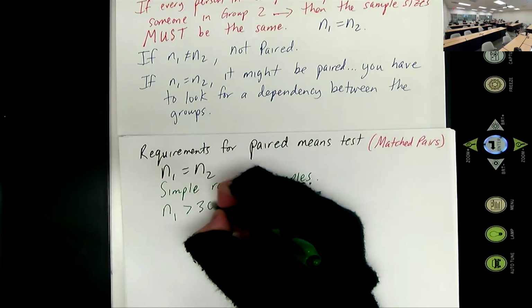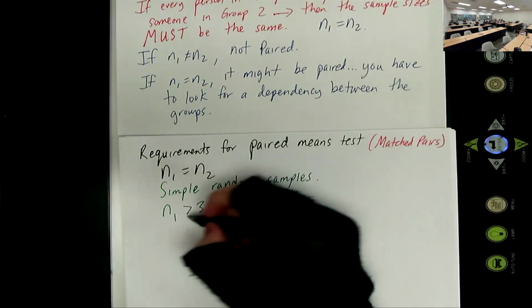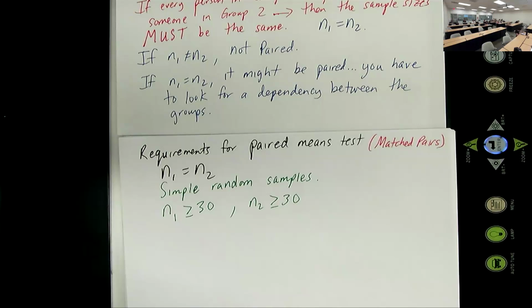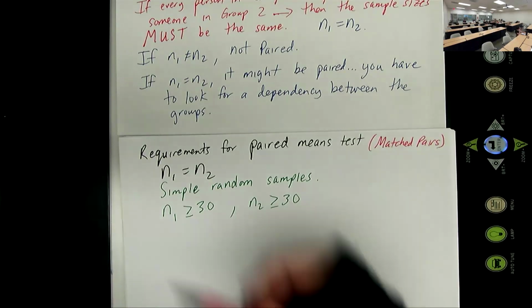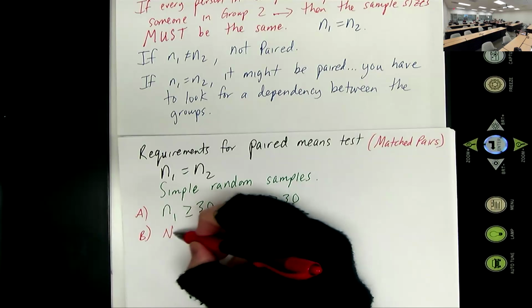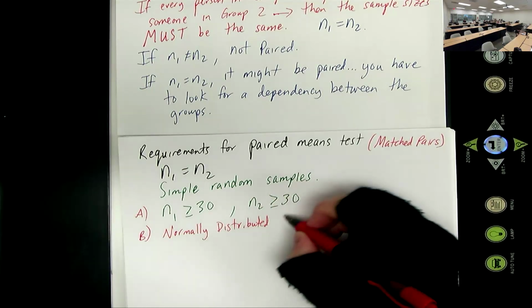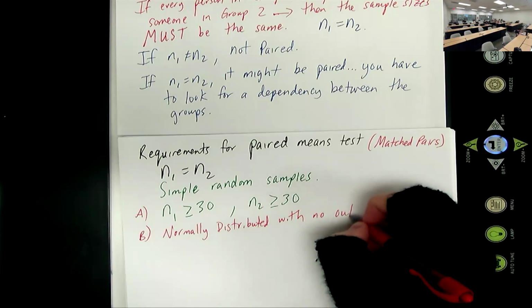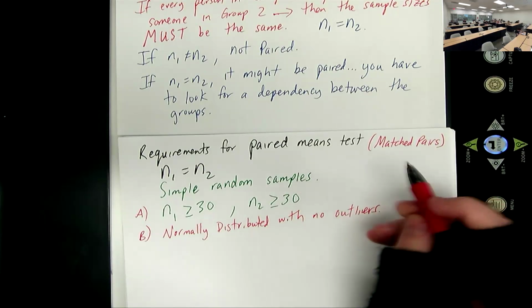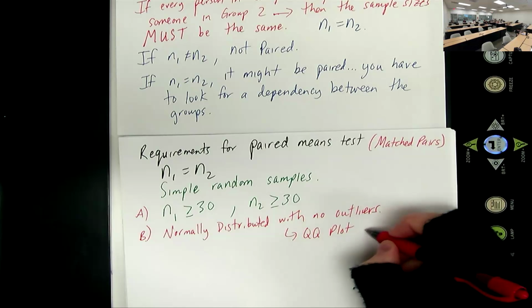Sample size should be greater than 30, or greater than or equal to. We did this before with the one means test. So either this requirement is met, or B, it's normally distributed with no outliers. And we checked this kind of stuff on the QQ plot and box plots.